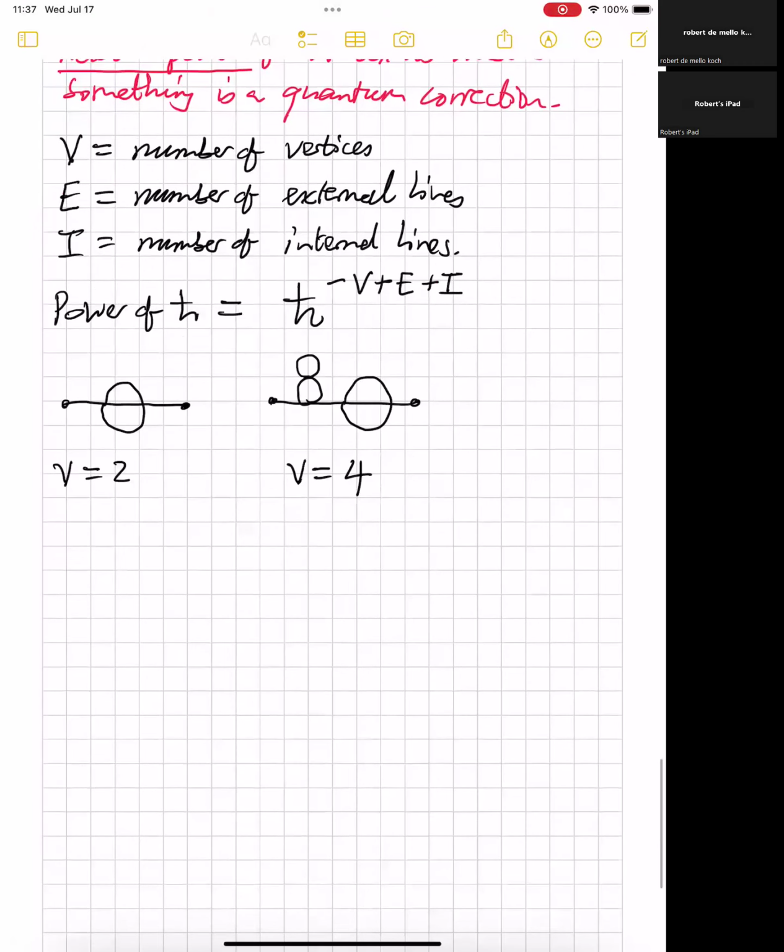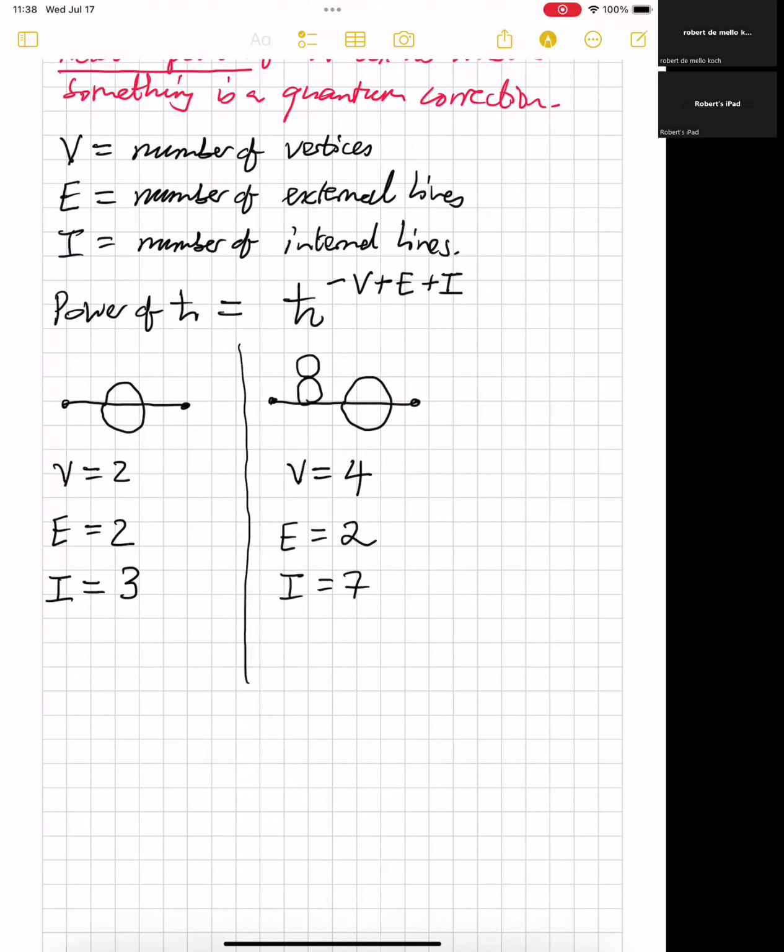So there's 2 external lines in the first diagram and 2 external lines in the second diagram. Then how many internal lines are there? Well, these are the lines that don't connect to dots, so they must pass between 2 vertices. So there's 3 internal lines in this graph. And for the second graph, there is a total of 1, 2, 3, 4, 5, 6, 7 internal lines.